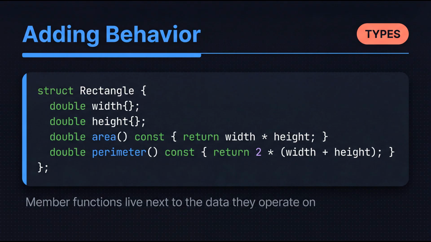They only read it. This is important. Const member functions can be called on const references, which means they work naturally with the pass-by-const reference pattern from earlier lessons. Adding behavior to a struct is how you move from raw data to a type with meaning.